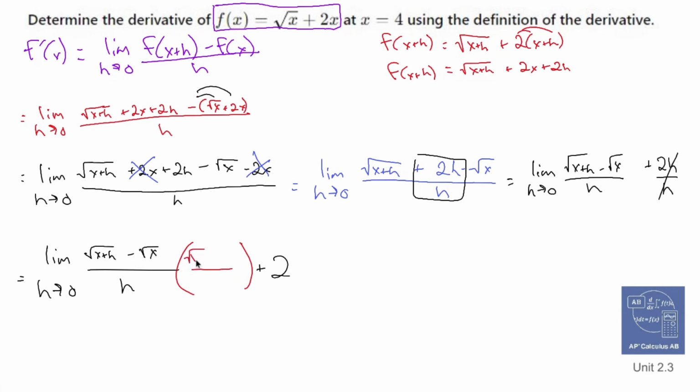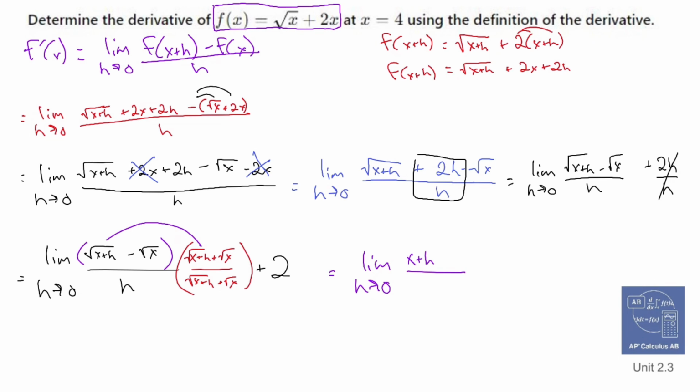Okay, so if I multiply by root x plus h plus root x all over root x plus h plus root x, this is what happens up here. When you FOIL this out, you have root x plus h times root x plus h. Root x plus h times root x plus h is x plus h, right?